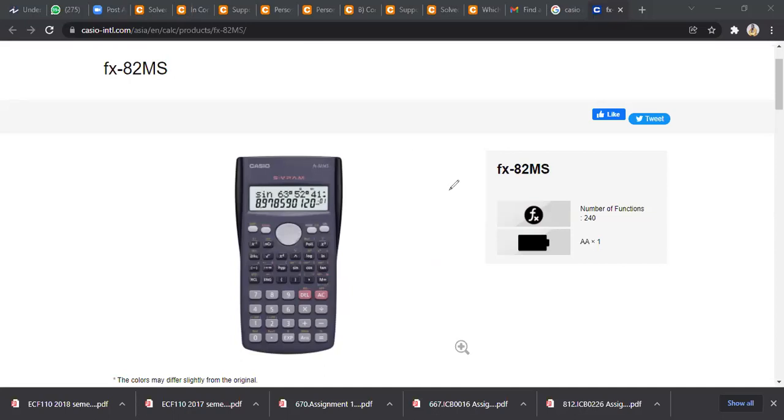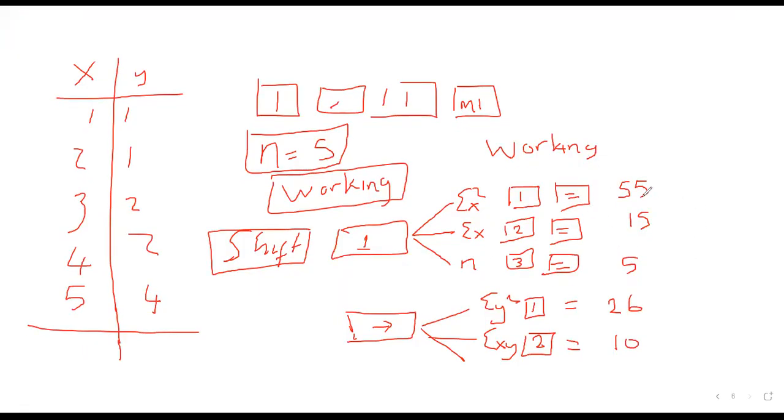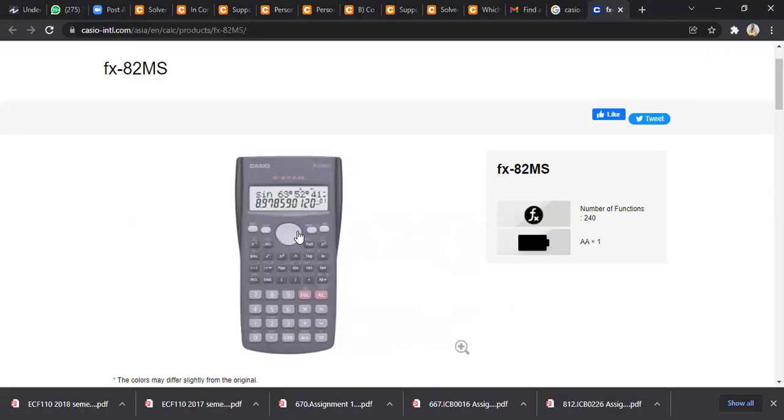Yeah, for the X, everything was okay. Then you go to Shift 1, then press this arrow. Ah, okay, that's fine, it's okay now.